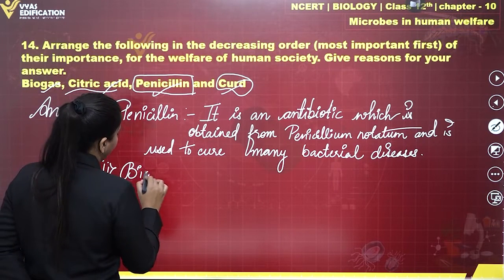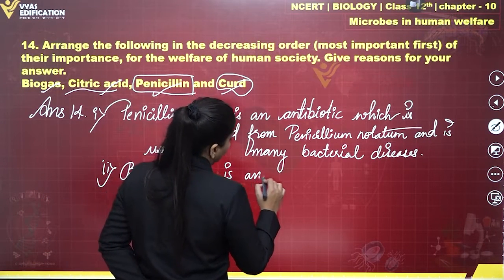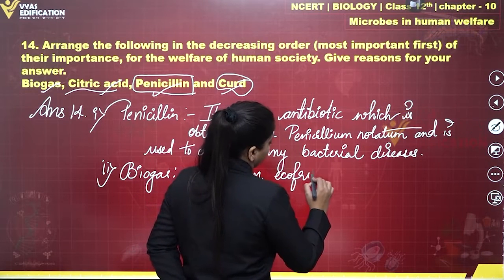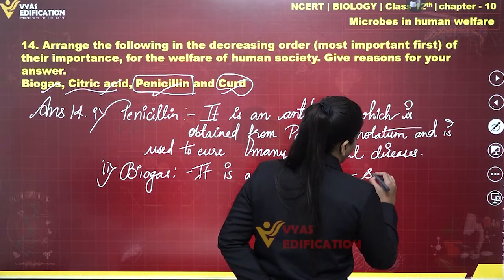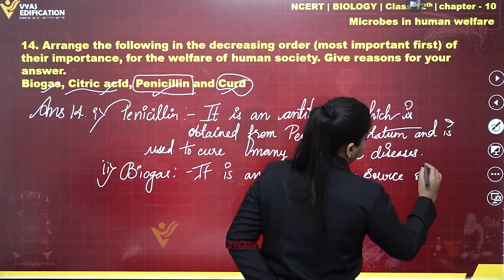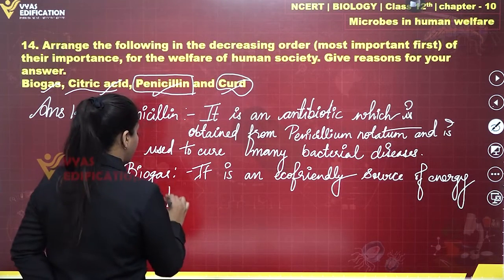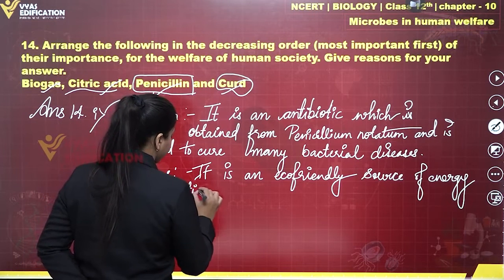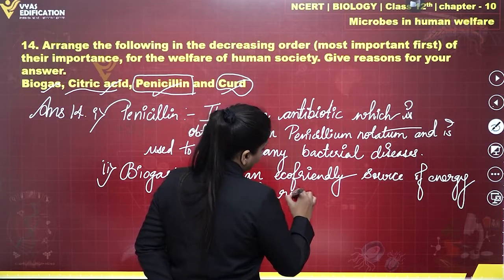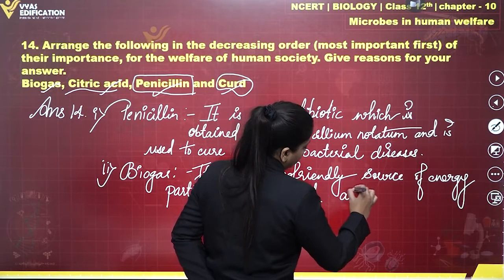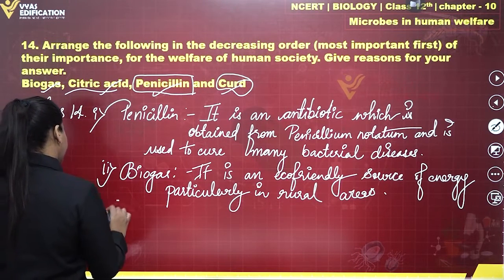Next is biogas. It is an eco-friendly source of energy, particularly in rural areas. Then third is given to the curd.